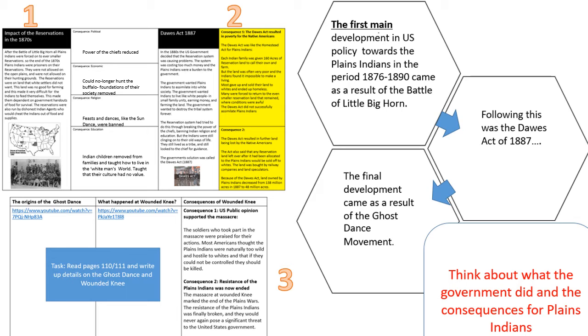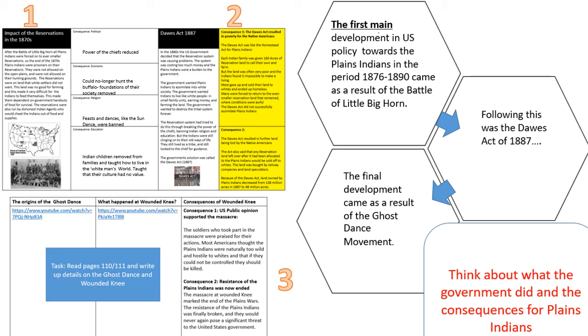And then number 3, the final development, is obviously because of the Ghost Dance movement and the US government's response to that. And again, you can see that in the final table of notes, number 3, which is in your books, or you've got a copy on screen.